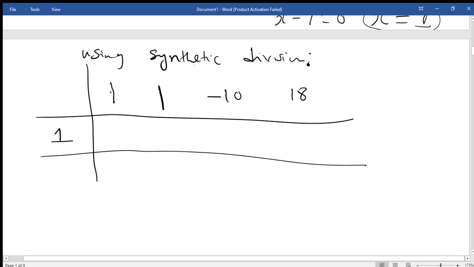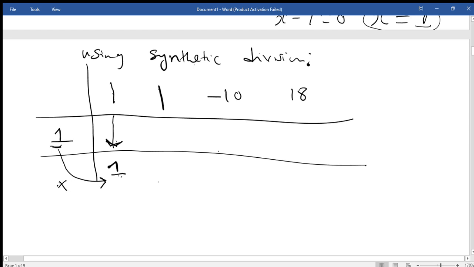Since this is the first coefficient, it will be brought down. We just bring down the first value, which is a 1. It's the same as saying 1 plus 0. The answer is 1. Whatever values are in between this row, we add to these coefficients, and the values here we multiply with this 1, which is the factor.